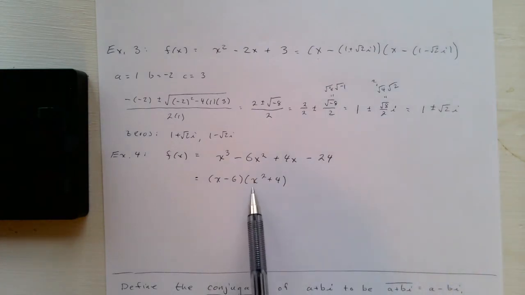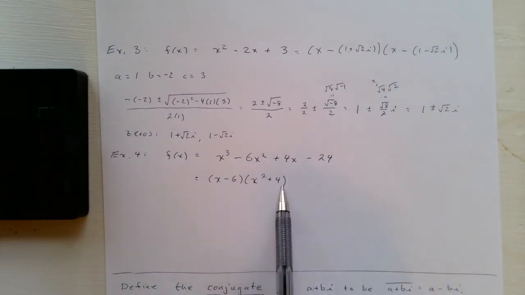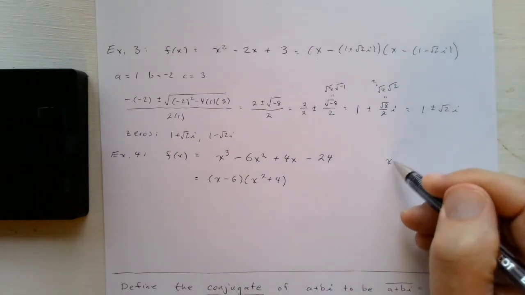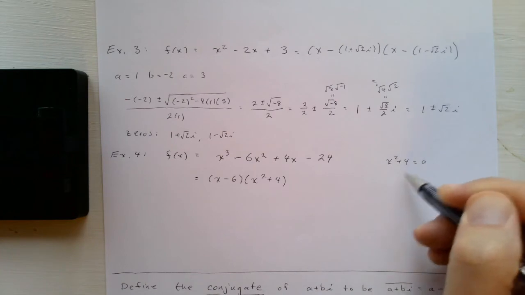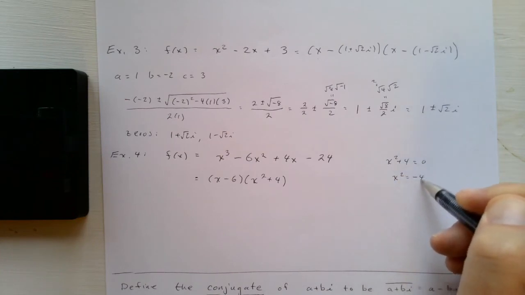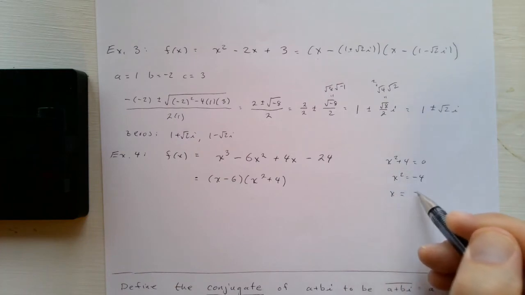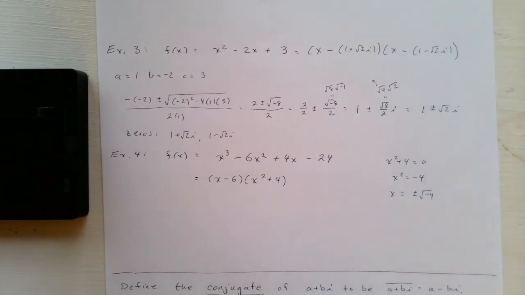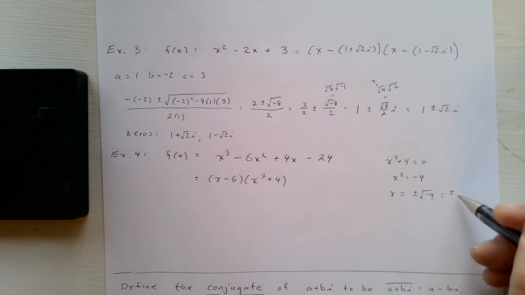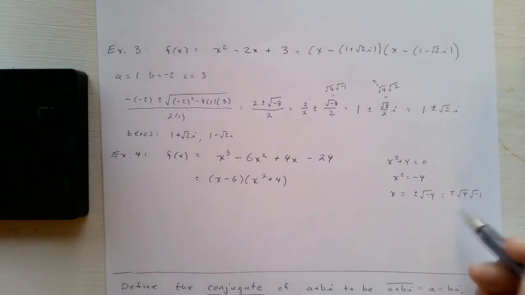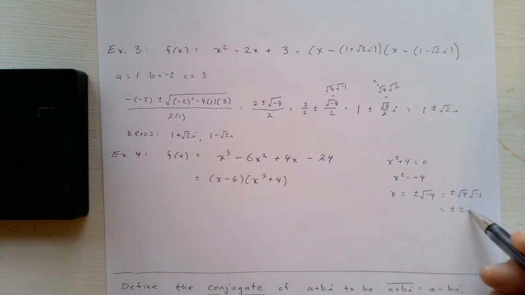So we just need, okay, well, can we factor this? What are the zeros of x squared plus 4? If we set that equal to 0, we get x squared equals negative 4. So x is going to be plus or minus the square root of negative 4, which is plus or minus the square root of 4 times the square root of negative 1, which is plus or minus 2i. Okay.